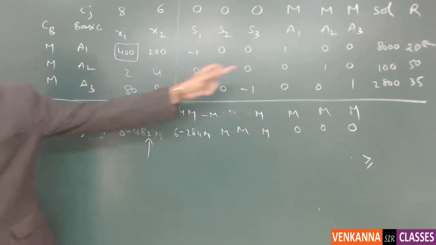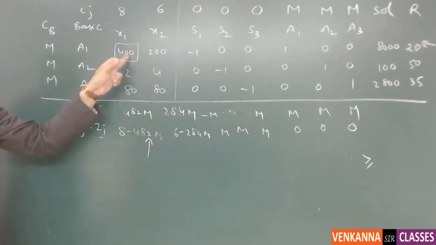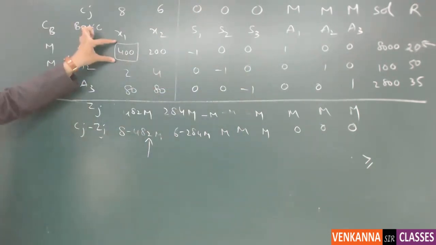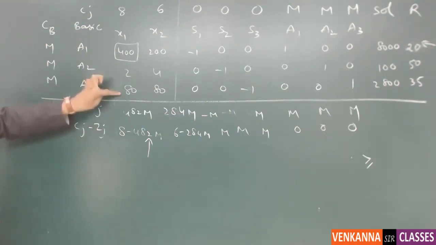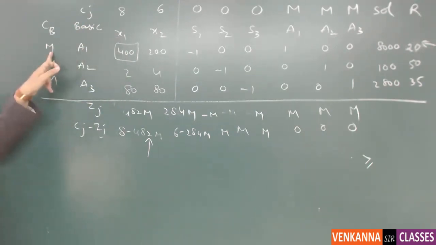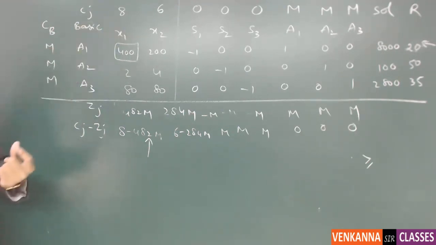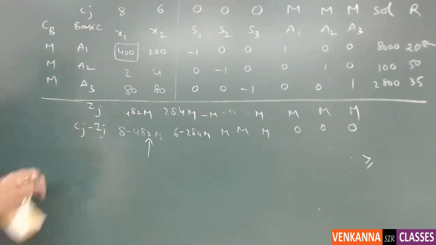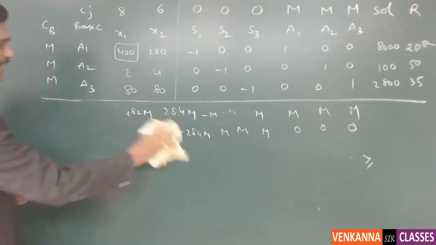Now this whole row is divided with 400, and according to this only we are going to change these rows. And A1 is replaced with X1 and M is replaced with 8. So since these values are known, I am going to erase these values. I will build the next table here only.